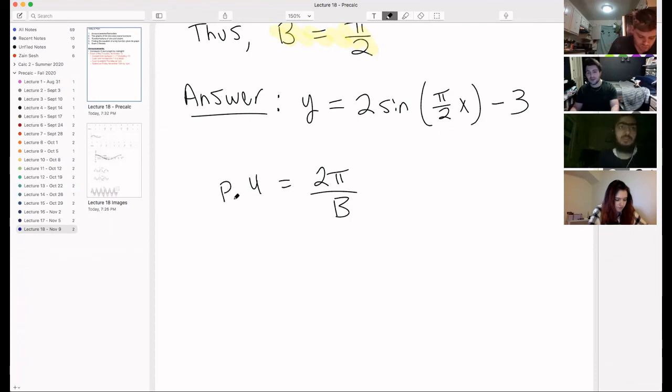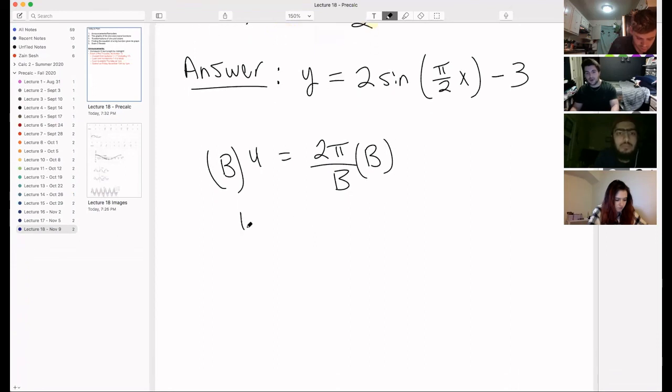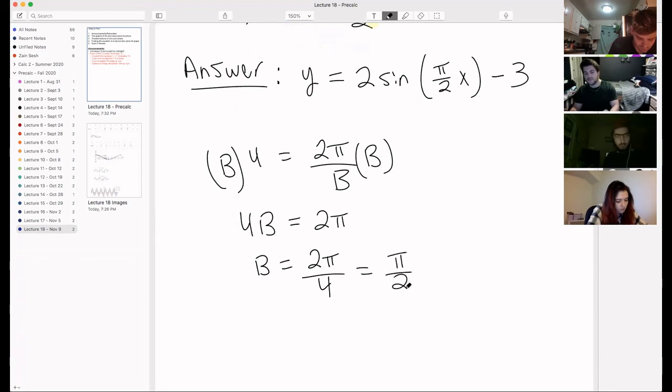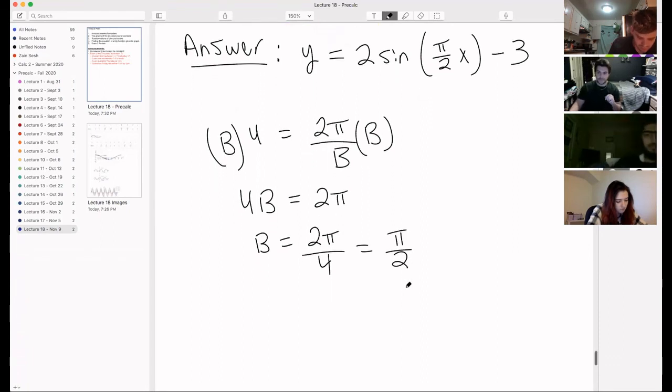I will get 4b is equal to 2 pi, which means that b is equal to 2 pi over 4, which is pi over 2. So it's the same set of steps for solving a rational equation. Good, so that is that.